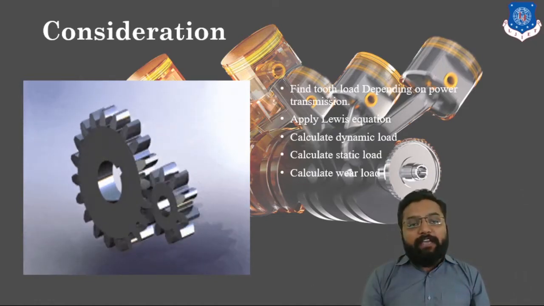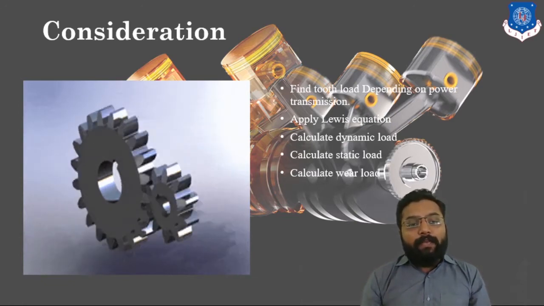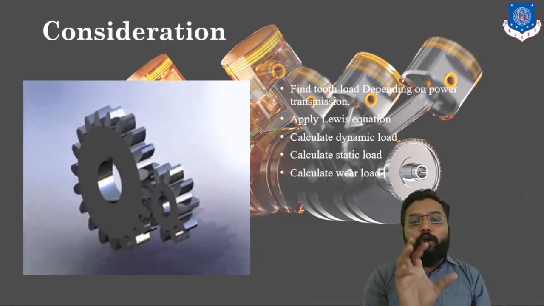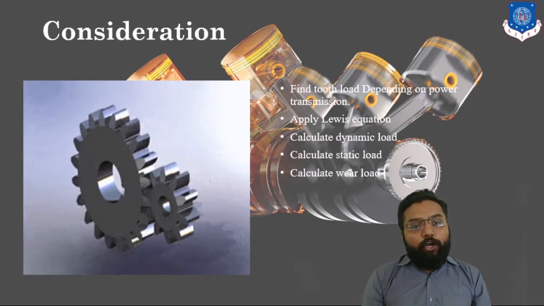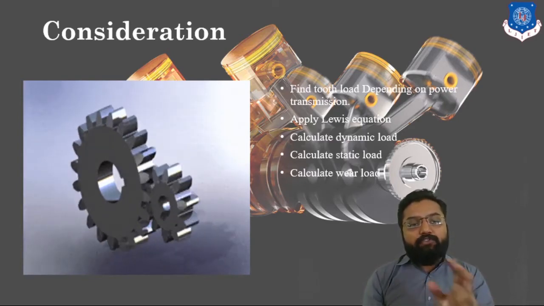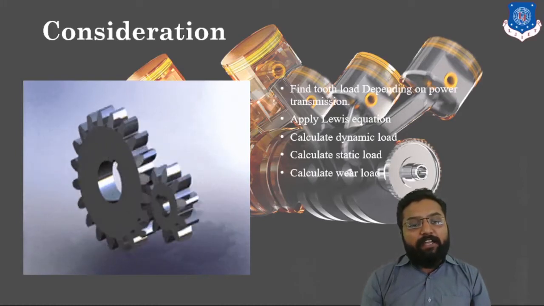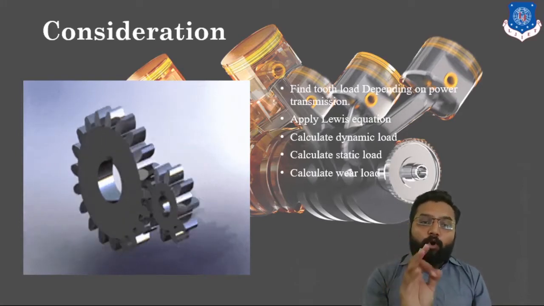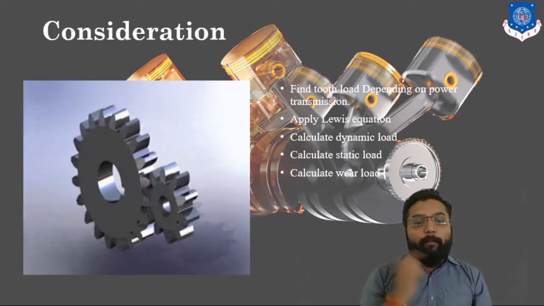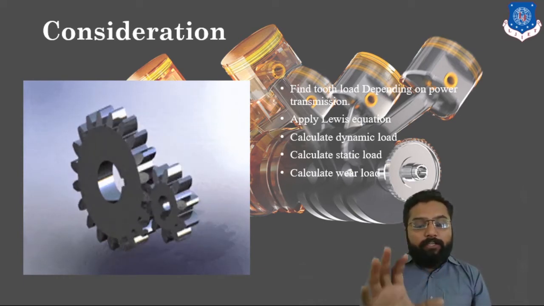After finding the working stress, you can easily find the module of that gear. From that module of the gear, you can find the limiting stress in dynamic load condition and static load condition, and ultimately wear. This module also gives you the geometry of your gear.